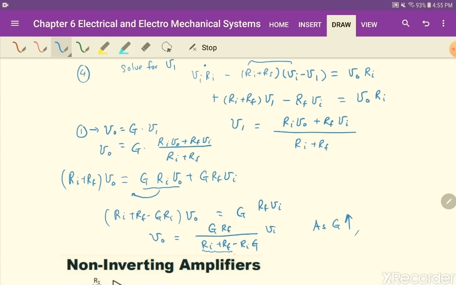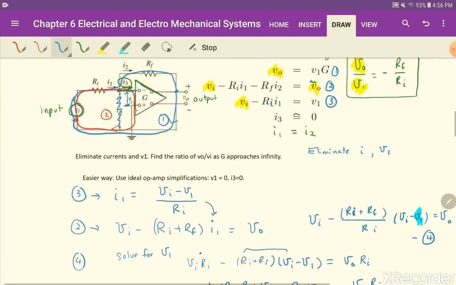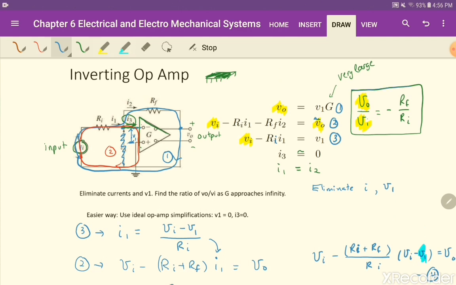These two terms become insignificant compared to the RI times G, and you only have these two terms remaining, this one and this one. So when you divide, you get negative RF divided by RI times VI. Finally, we proved that equation. So it's actually quite simple, simple to just memorize that.